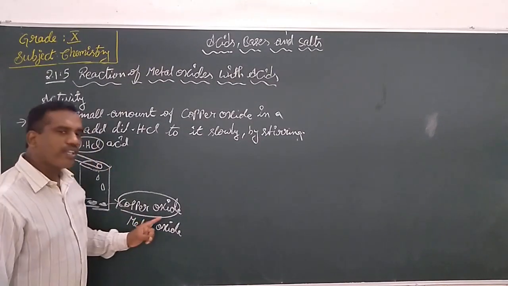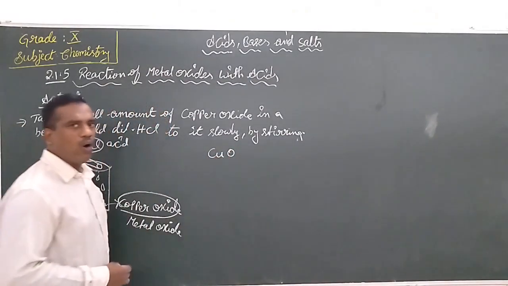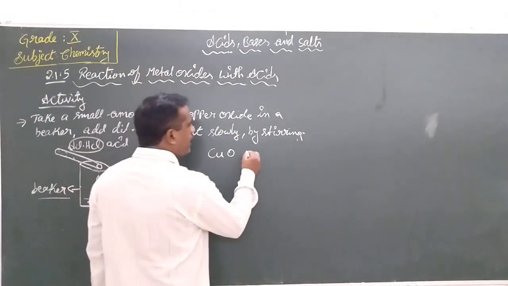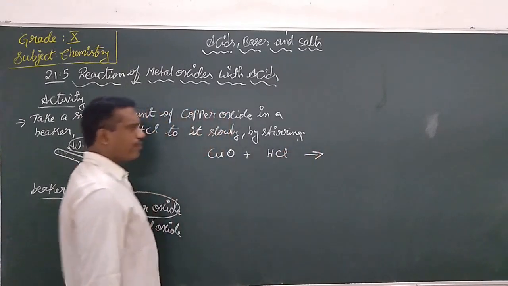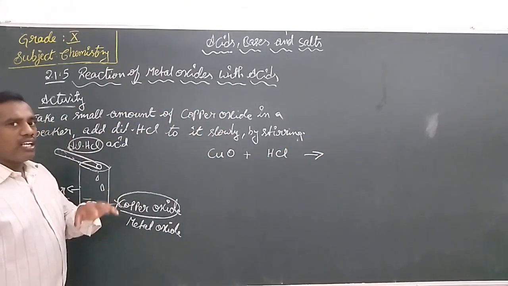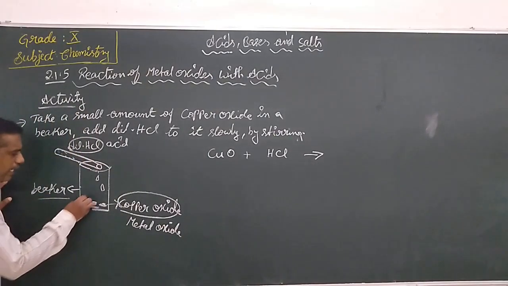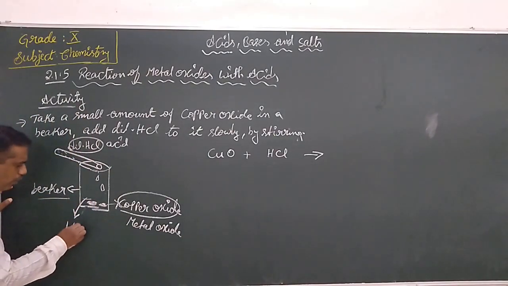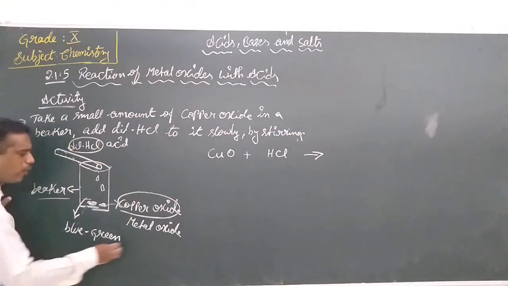So let us see copper oxide. I have given CuO is going to react with hydrochloric acid. It is going to form a blue-green solution. What color will you find here?